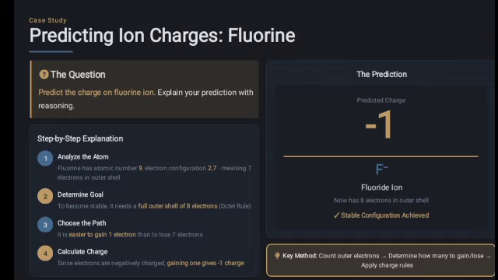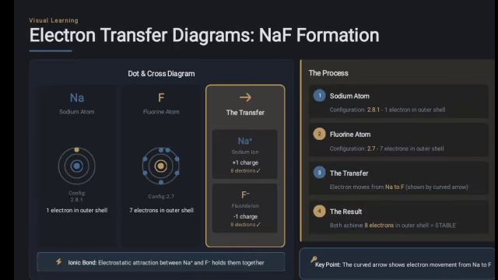But when the charge is 1, there is no need to write the 1, we just write F negative. Since electrons are negatively charged, gaining 1 electron means minus 1 charge. Is there any confusion in this, beta? Are you able to predict the ionic charge for any element?